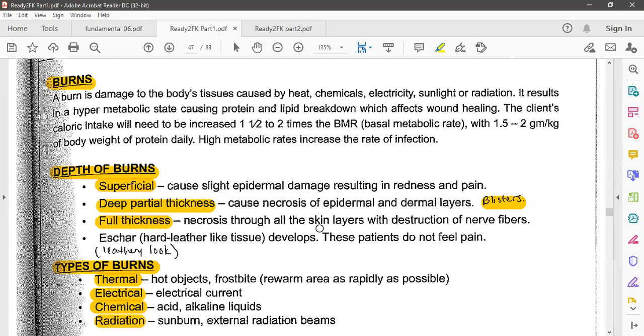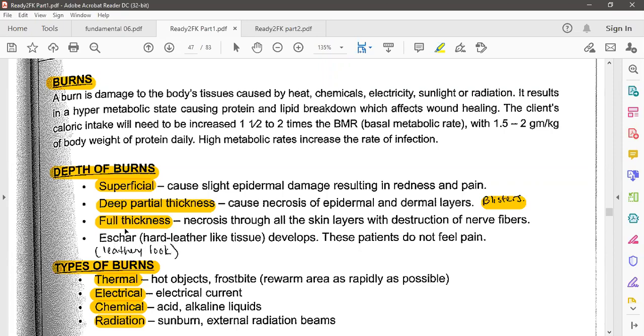Some books say that in a third degree burn the skin looks black or brown, edema forms, and all layers of the skin are damaged. Now there is full thickness, and another one called deep full thickness.